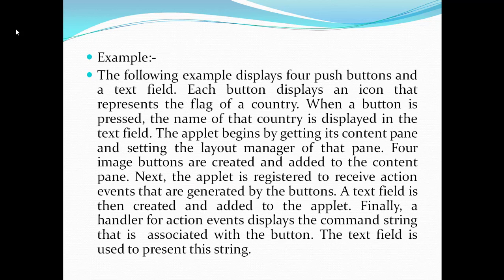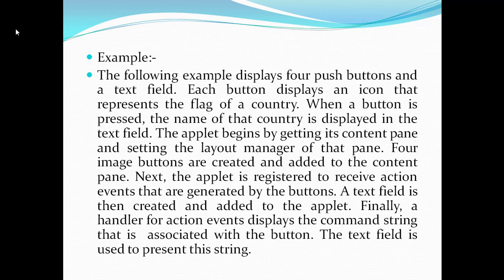Consider an example. This example displays 4 push buttons and a text field. Each button displays an icon that represents the flag of a country. When a button is pressed, the name of that country is displayed in the text field. The applet begins by getting its content pane and setting the layout manager for that pane. 4 image buttons are created and added to the content pane.